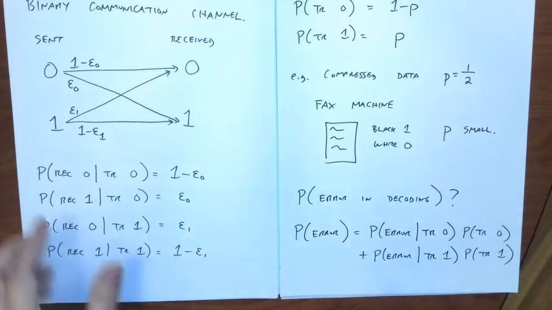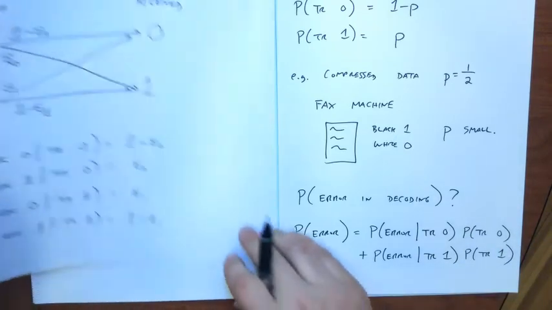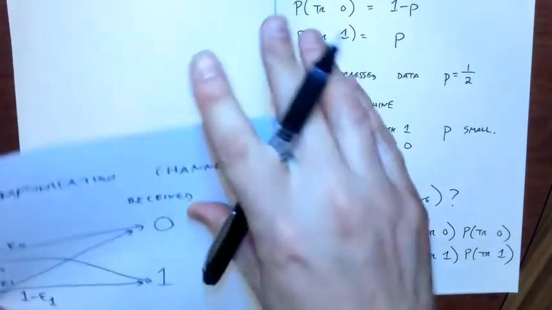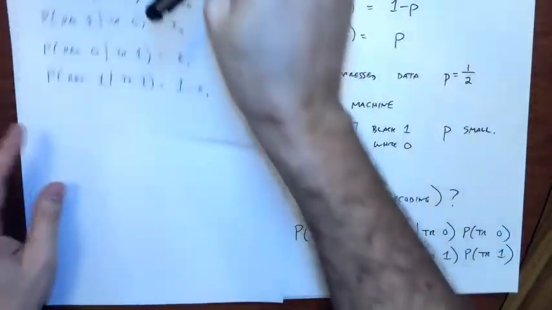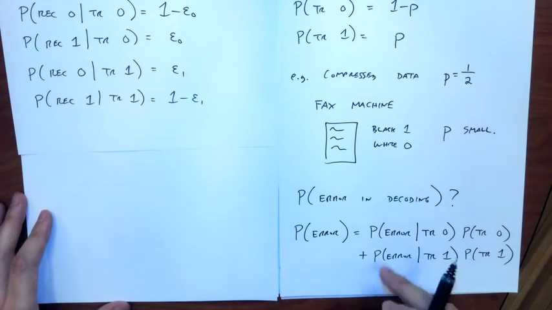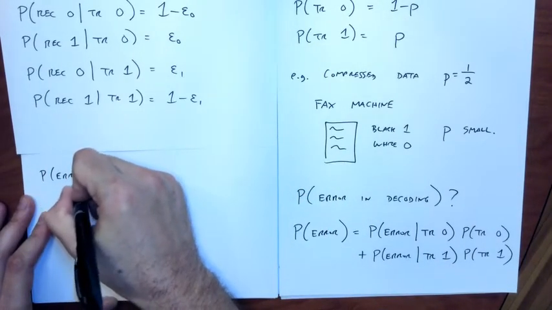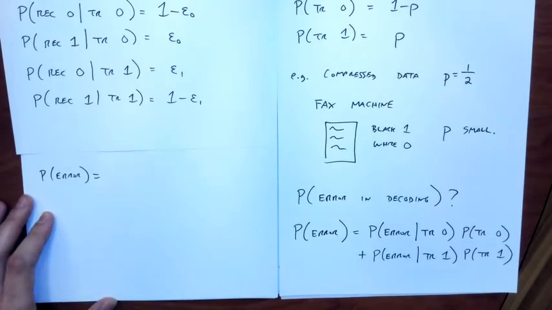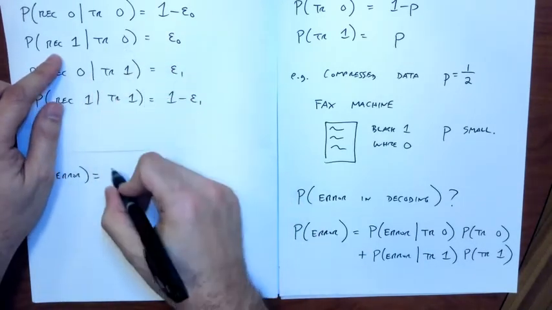Instead, now I can compute this, right? So let's think about it. Let's compute these values, right? So the probability of error is equal to the probability of error given that I transmitted 0. So if I transmitted 0 and received a 1, that's an error, right?